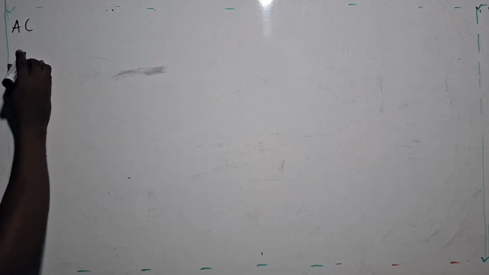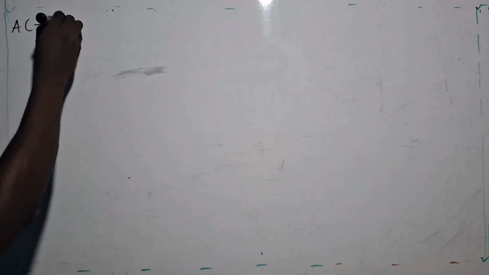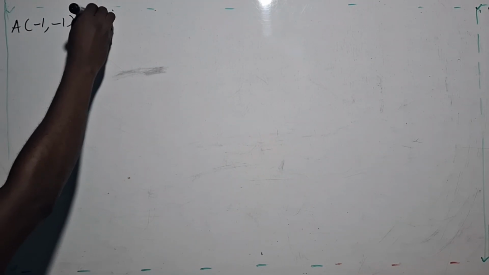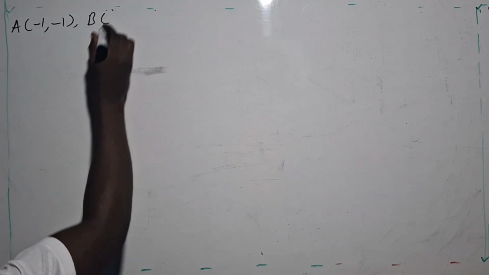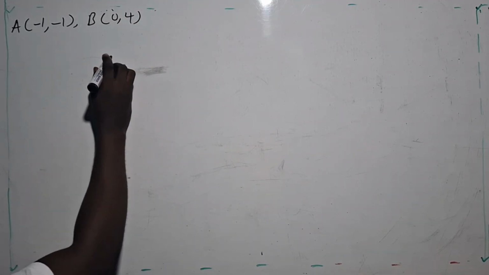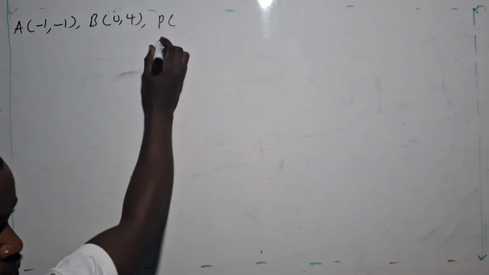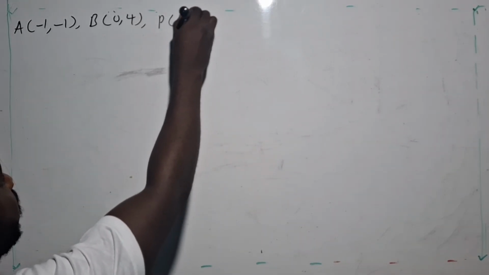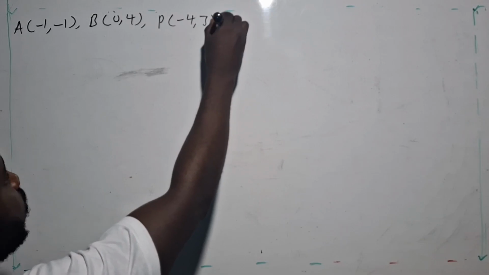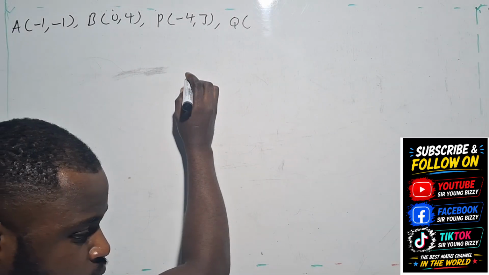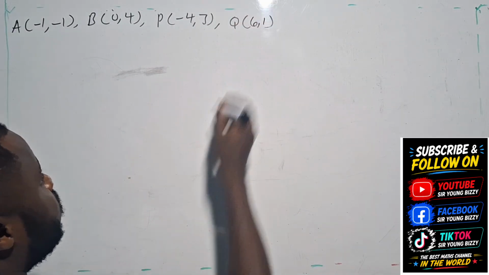So the points are A(-1, -1), then B(0, 4), then we have P(-4, 3), then Q, we have (6, 1).